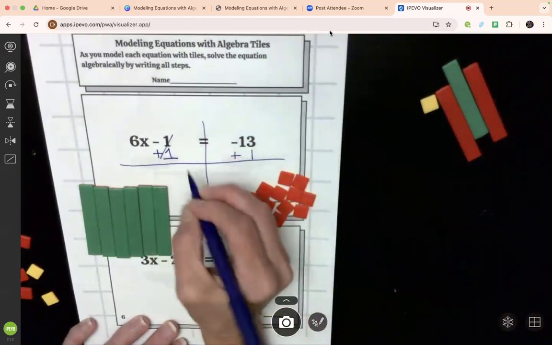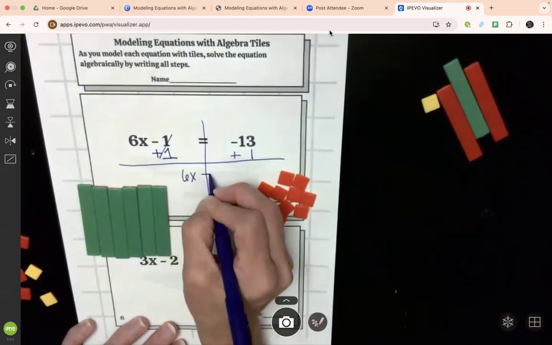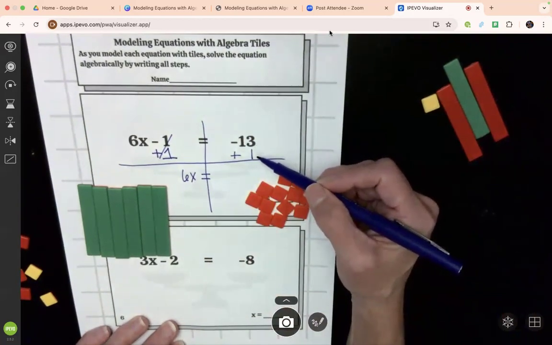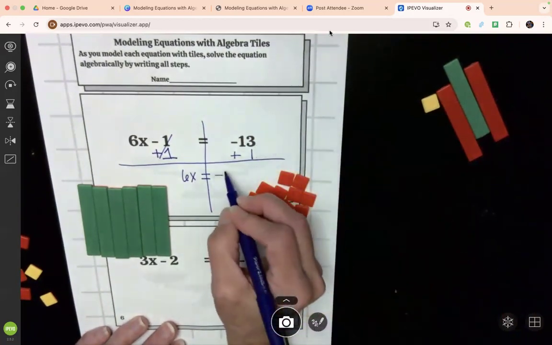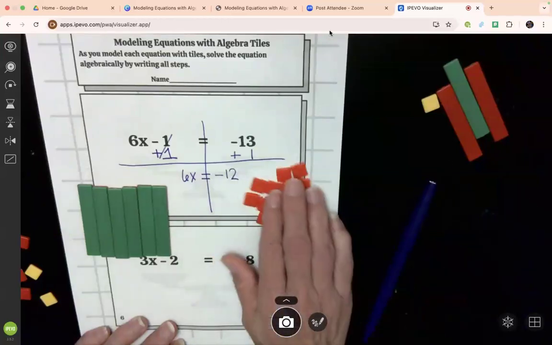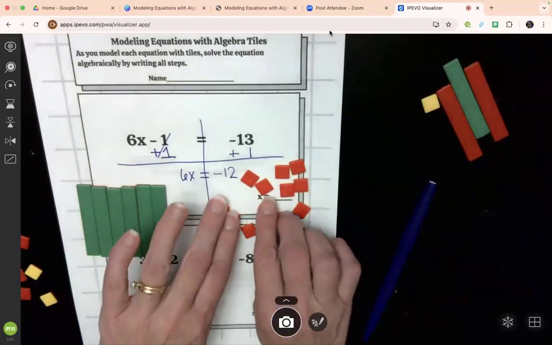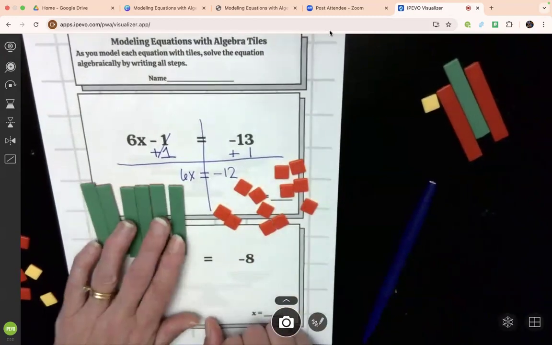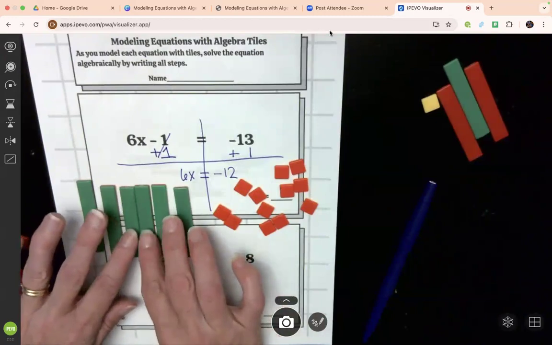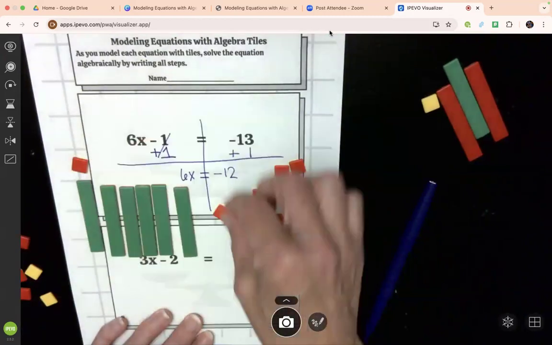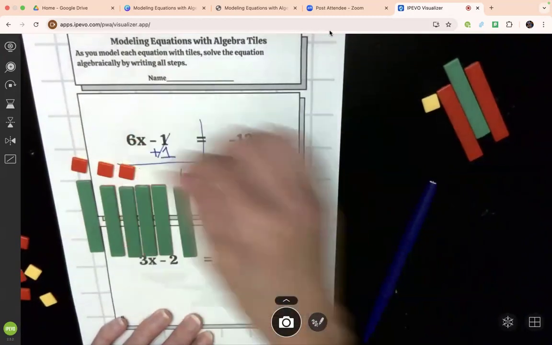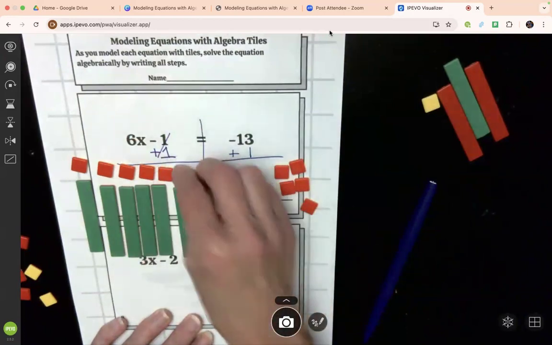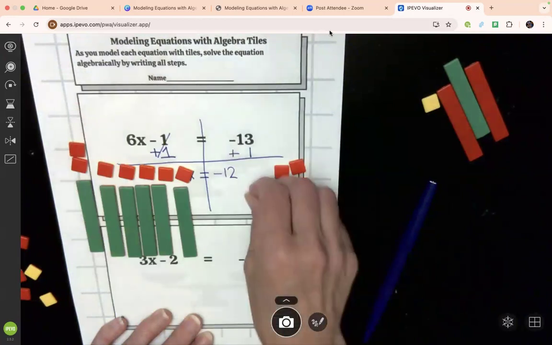So then over here, of course, I'm left with 6x equals, and then a -13 plus 1, positive 1, is going to give me a -12. And if you look at what you have left, you do have -12. Okay, so now I'm going to fair share these among my 6 x's. 1, 2, 3, 4, 5, 6, and I can share.